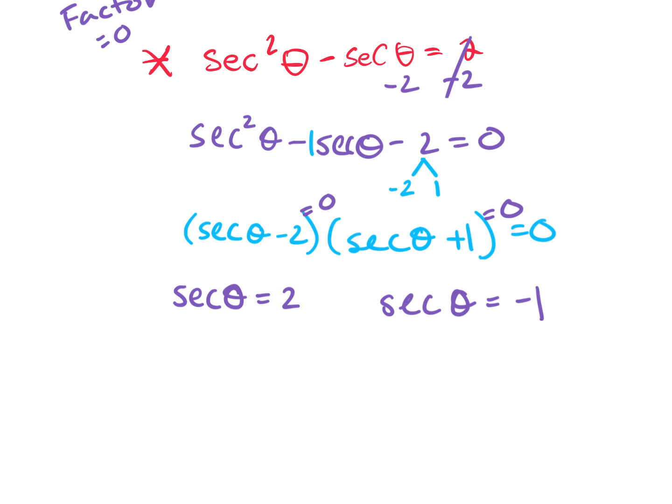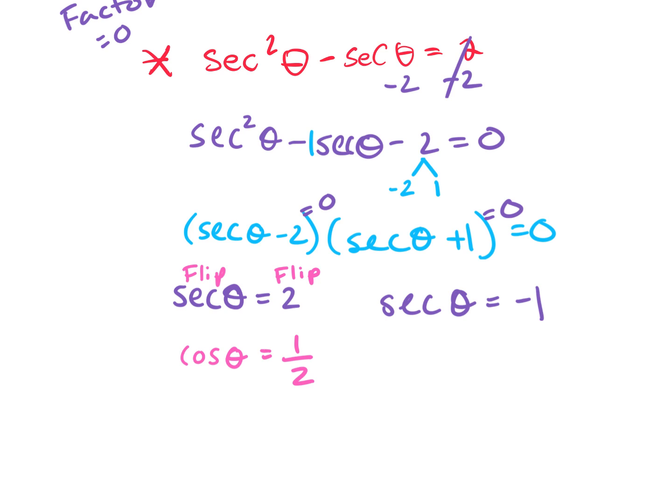So now secant is not one of the ones that we're used to on our unit circle. It's not one of the main 3. What does secant go with? Cosine. So we know that we can flip secant to be cosine, but that means we also have to flip the number. So we just make it 1 over whatever the number is, so 1 over 2.